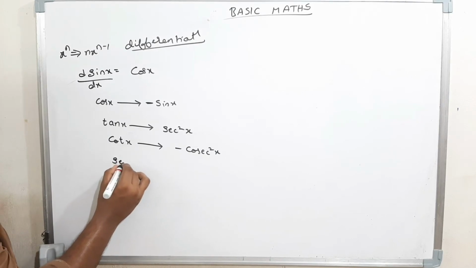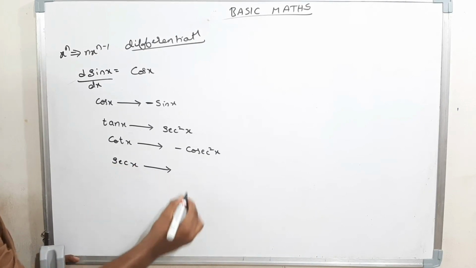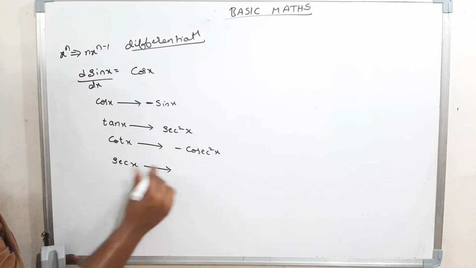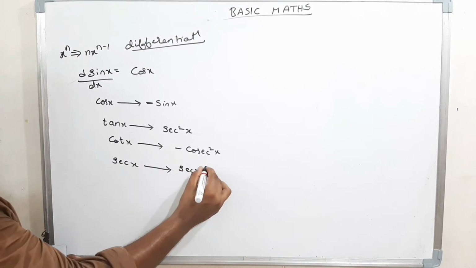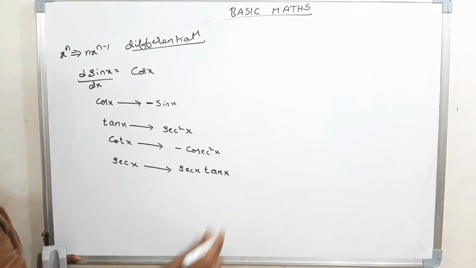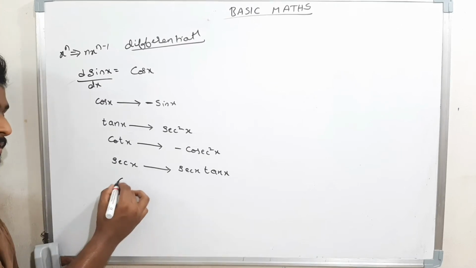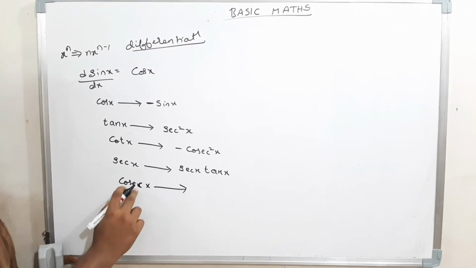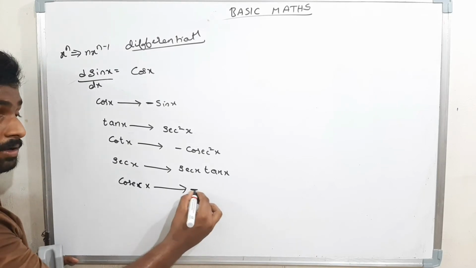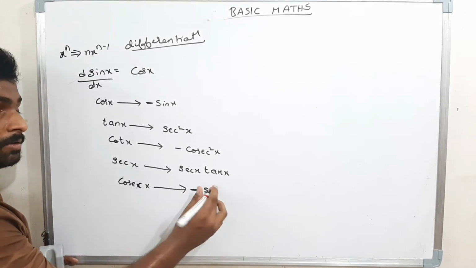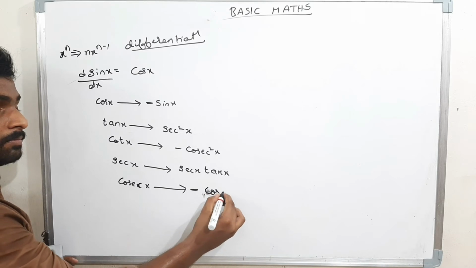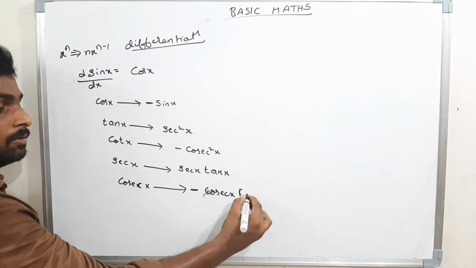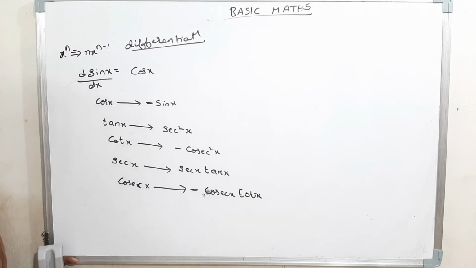Next, differentiation of secant x is secant x into tan x. Differentiation of cosecant x is minus cosecant x into cot x. Please remember them.